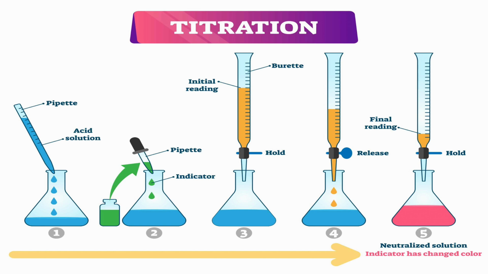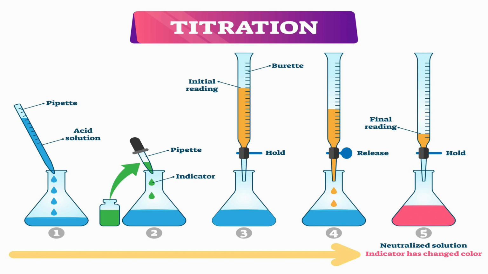The titrant is held in the burette, and there is a valve to open it, so it will get inside the conical flask drop by drop. As the color changes, we stop adding the titrant. It signals that the reaction is already balanced, and then we can take the reading.